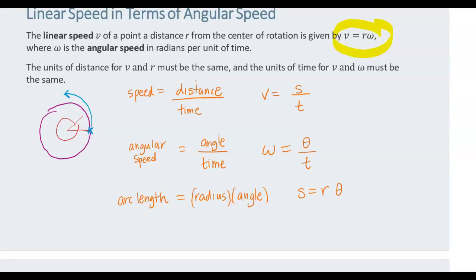So combining these together is going to get us to this formula that I have highlighted up here, which relates linear and angular speed together. We want to know how, as a tire is rotating through a particular angle, what's the distance that's being traveled, which can be measured by a point on the outside of the tread of the tire, right? We want to know how to relate these two.